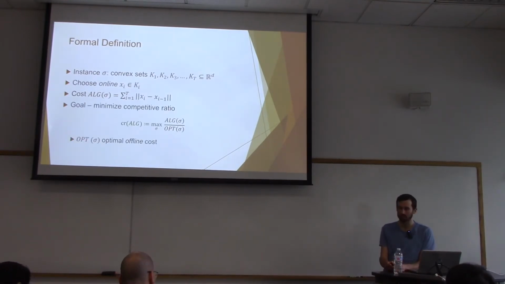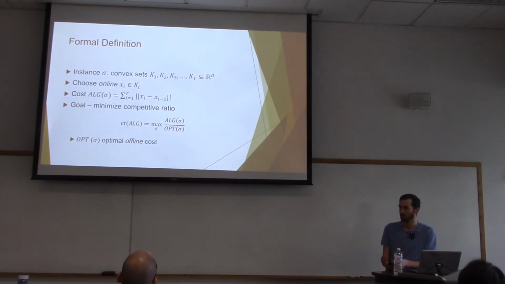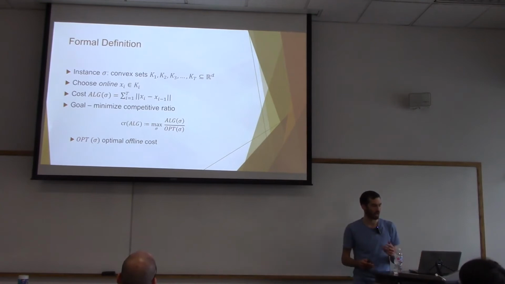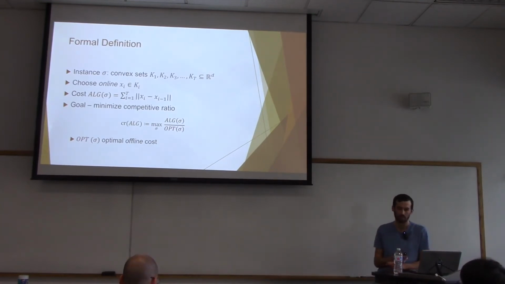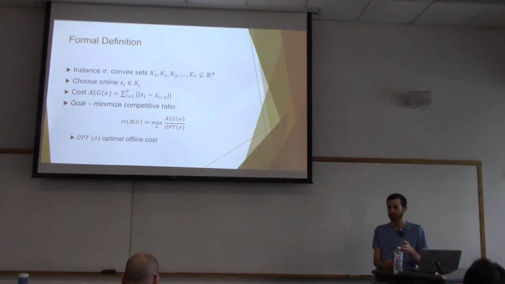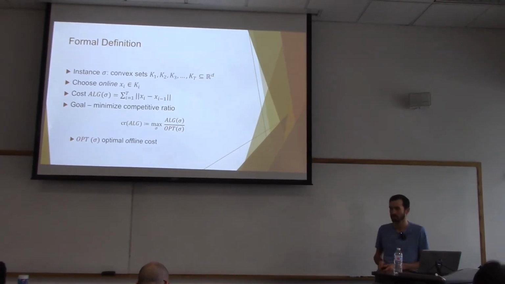And the goal here is to minimize what's called the competitive ratio, which is the standard metric of measuring the success of an online algorithm, which is I take the ratio of my cost on an instance to OPT's cost on that same instance and maximize that over all possible instances to get the competitive ratio of the algorithm. I want an algorithm whose competitive ratio is as small as possible. It's never going to be less than 1, so as close to 1 as possible.